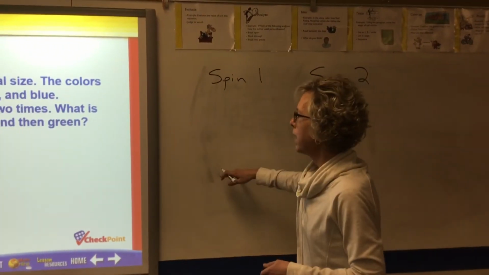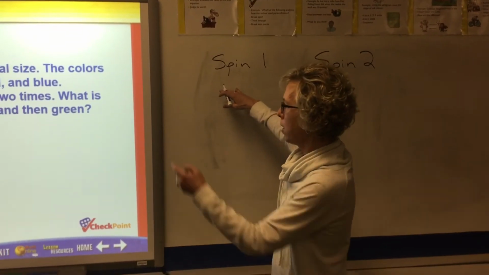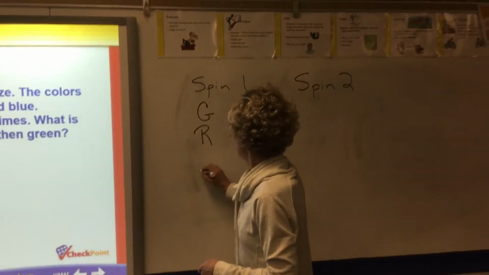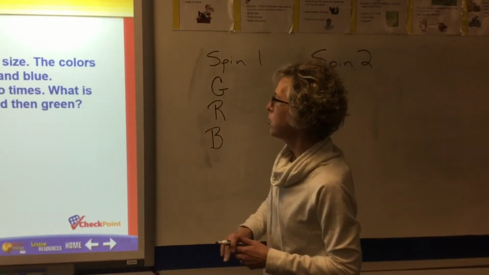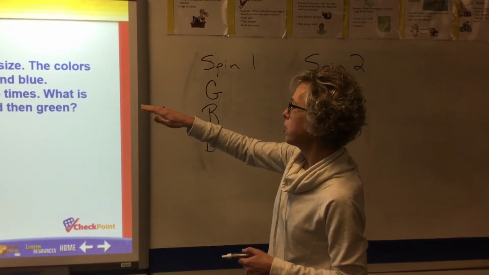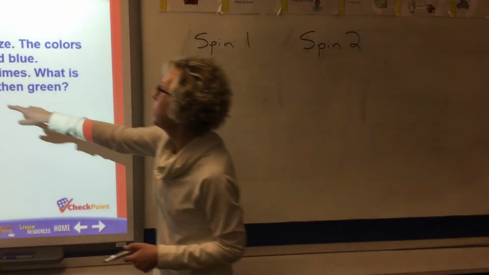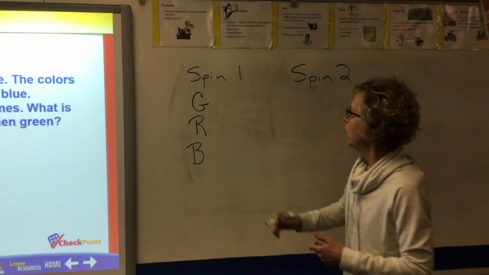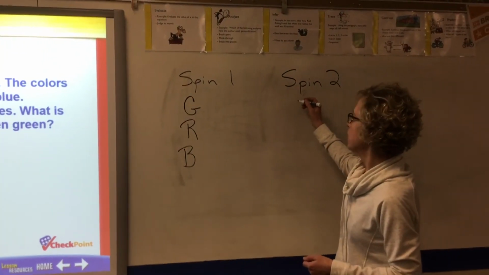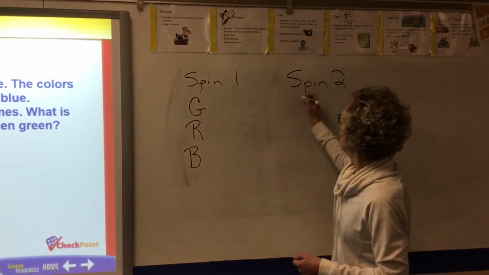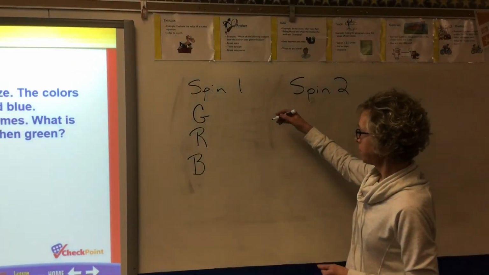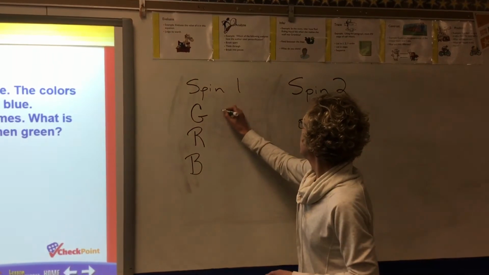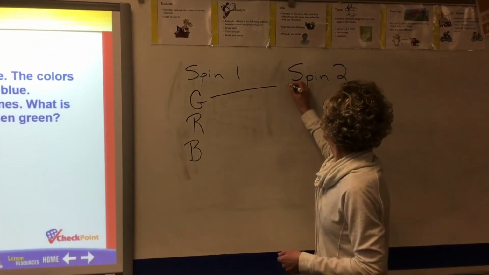Okay, so what are our possible outcomes of the first spin? The colors that are listed are green, red, and blue. Okay, so it says you spin the spinner 2 times. What's the probability of spinning red and then green? If we were to list spin 2, you would spin this one once, and then you could possibly spin a green.